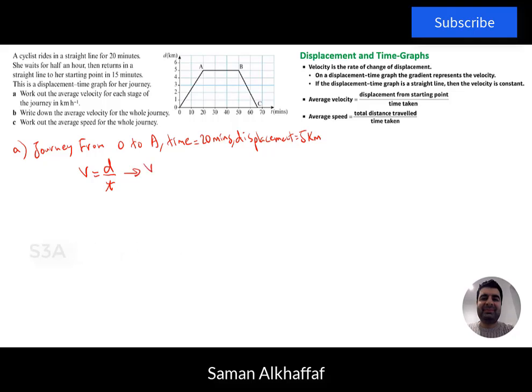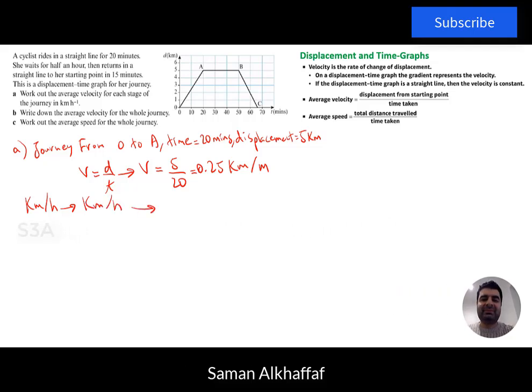As shown on the right hand side, that will give us the velocity equal, in this scenario, to 5 divided by 20, and that would give us 0.25 kilometers per minute. Now, because we are given it per minute, we need to convert from kilometers per minute to kilometers per hour.